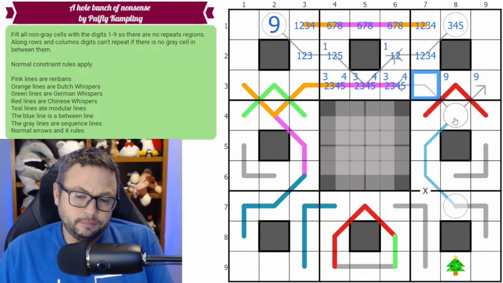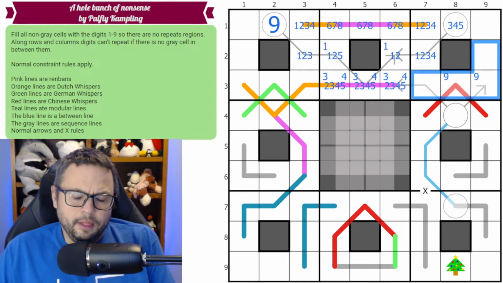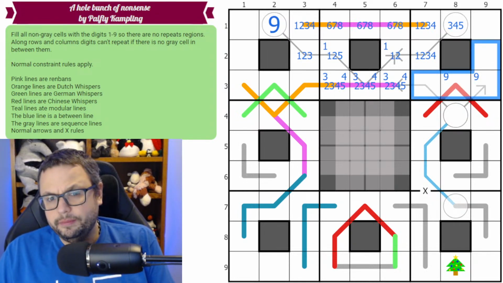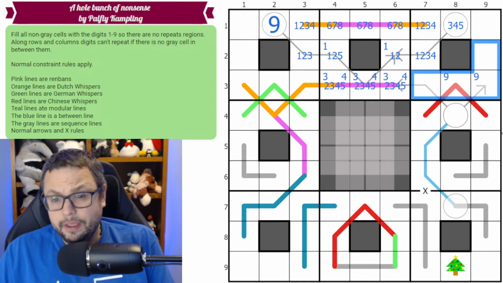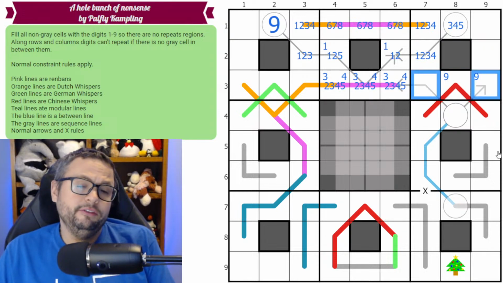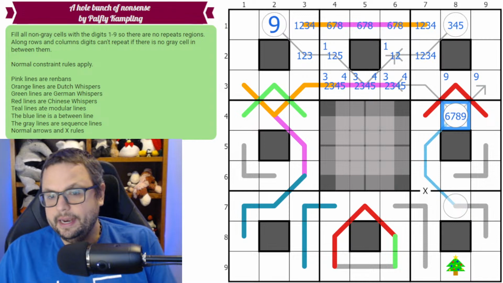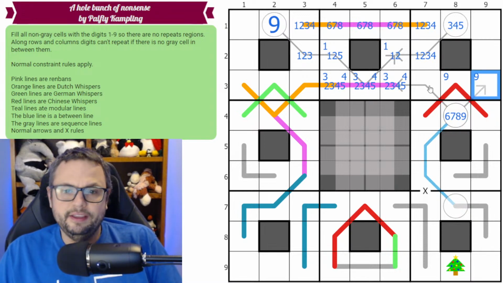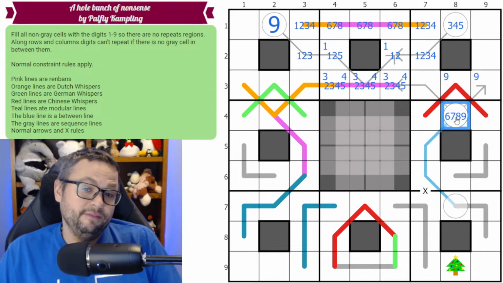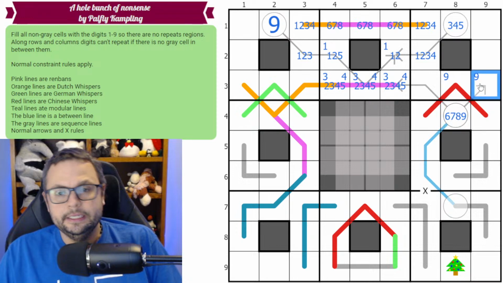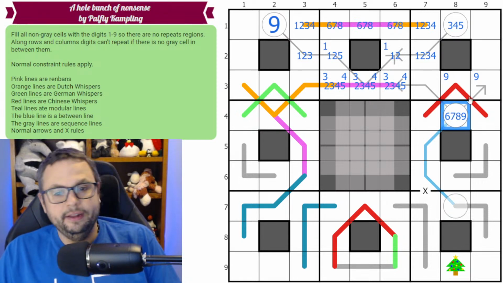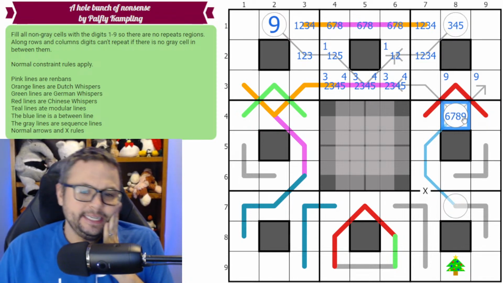So 3 of these cells need to be from 6, 7, 8, 9, which means one of these 2 is from 6, 7, 8, 9, which means this cell is certainly from 6, 7, 8, 9. Because if that cell is from 6, 7, 8, 9, then definitely this one is because it's more than it. And if this one is, it's equal to it. So this number is always high, at least.